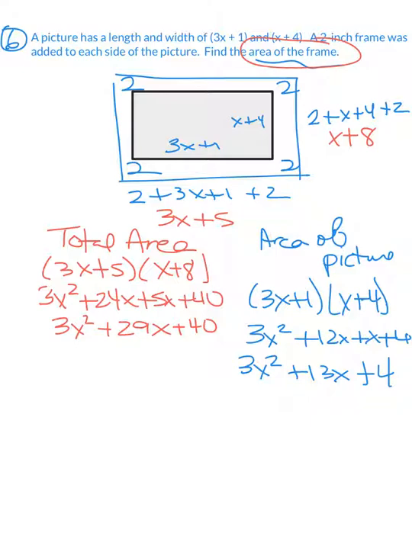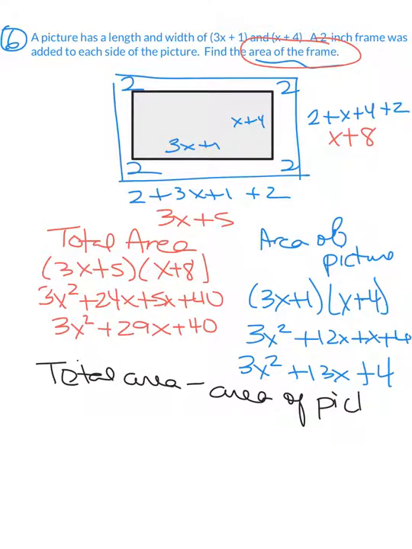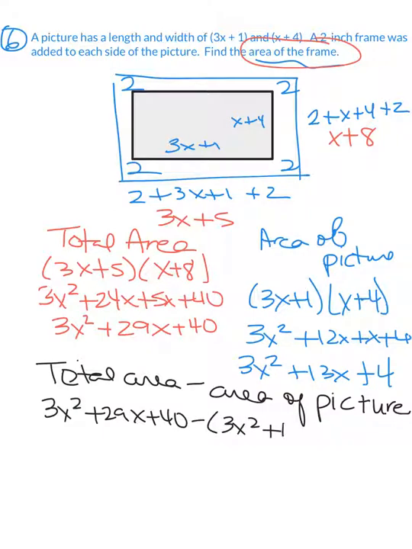So now I'm going to try to find the area of just the frame. So when I'm doing that, I need to take the total area, which includes the frame and the picture, and subtract out the area of the picture since I don't need that. So I take 3x squared plus 29x plus 40 minus 3x squared plus 13x plus 4.